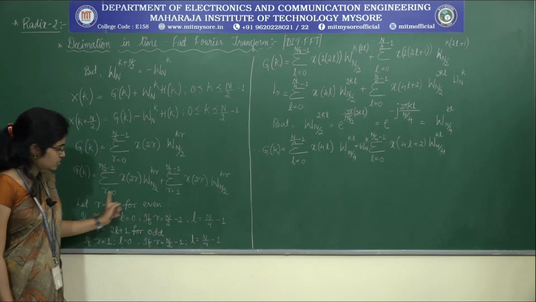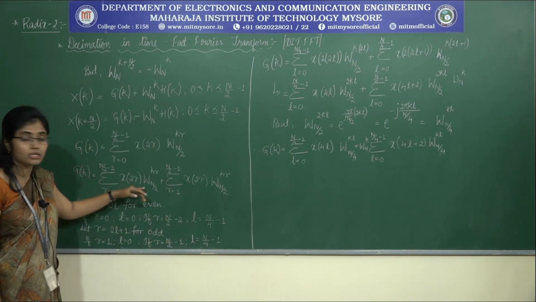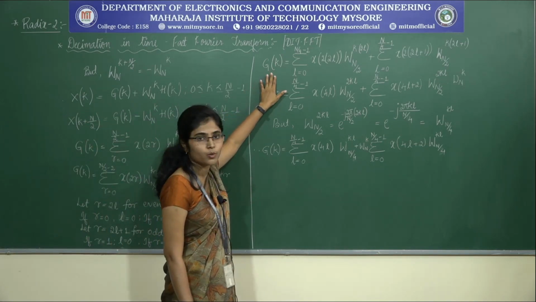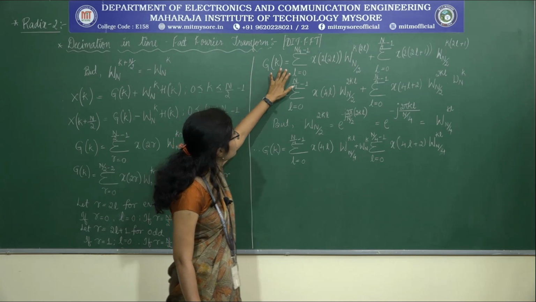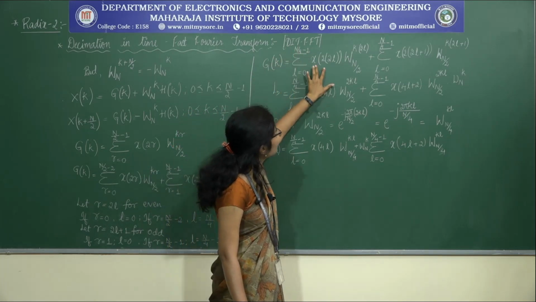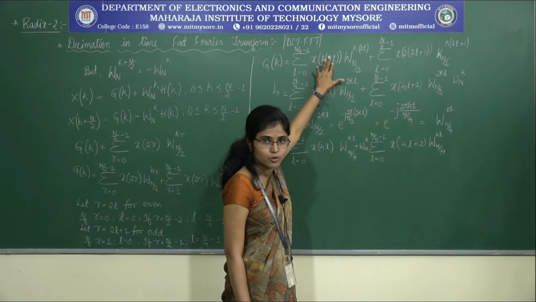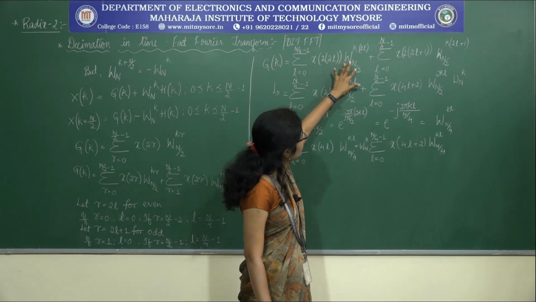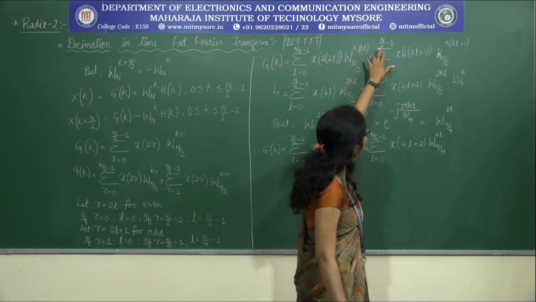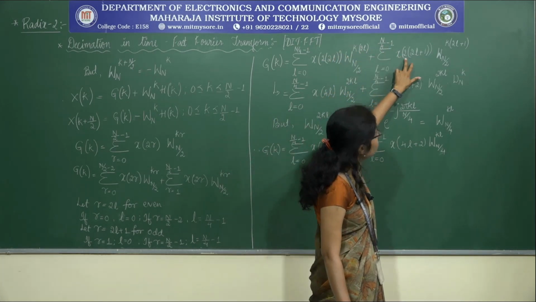So let us write all the substitution in this particular equation. If I do so, this is the equation which I am going to get, that is G of k, which is equal to summation l ranges from 0 to N by 4 minus 1 x of 2, instead of r I have substituted it as 2l omega N by 2 to the power of k 2l plus summation l ranges from 0 to N by 4 minus 1 x of 2.